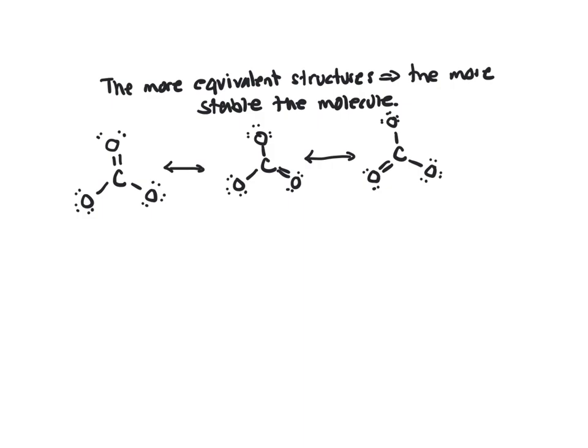So these equivalent resonance structures mean that the electrons that are moved are delocalized. That is, they are shared with all of the atoms that they can represent bonds between.